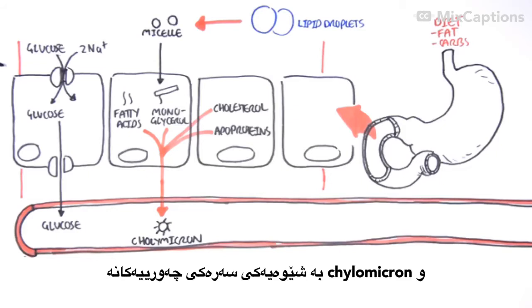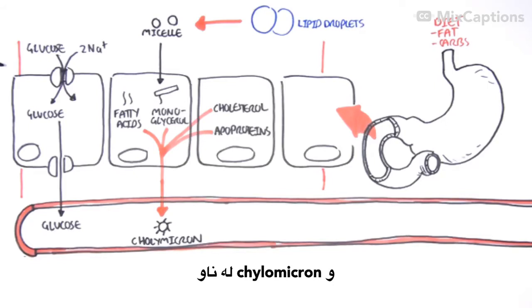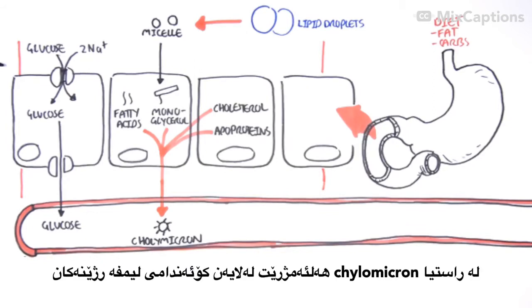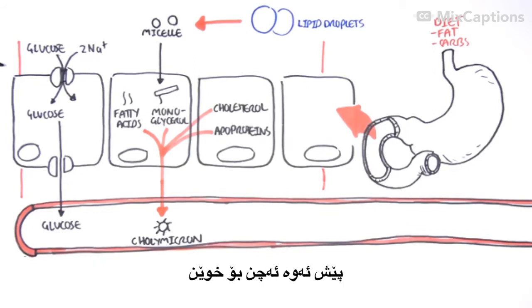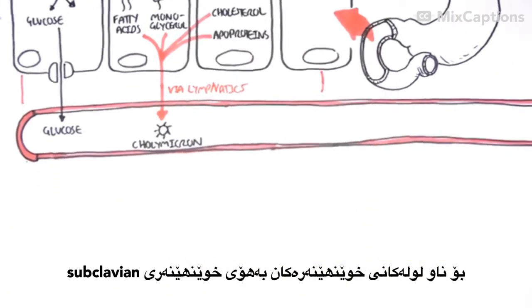Chylomicrons are predominantly lipids with little proteins, with little apoproteins. The chylomicrons also contain phospholipids within their structure. The chylomicrons are absorbed into the lymphatic system before moving into the blood vessel via the subclavian vein.